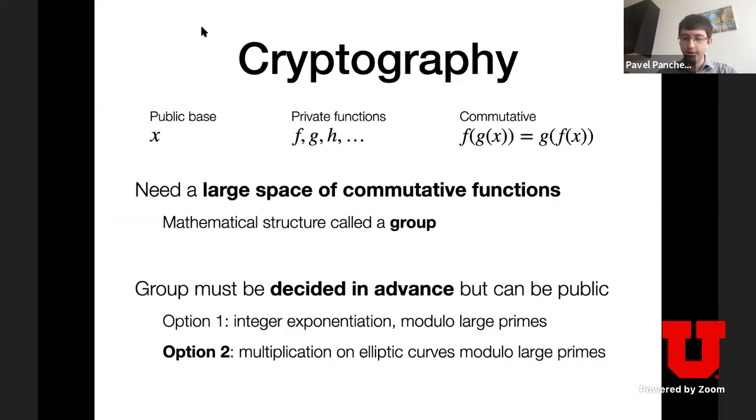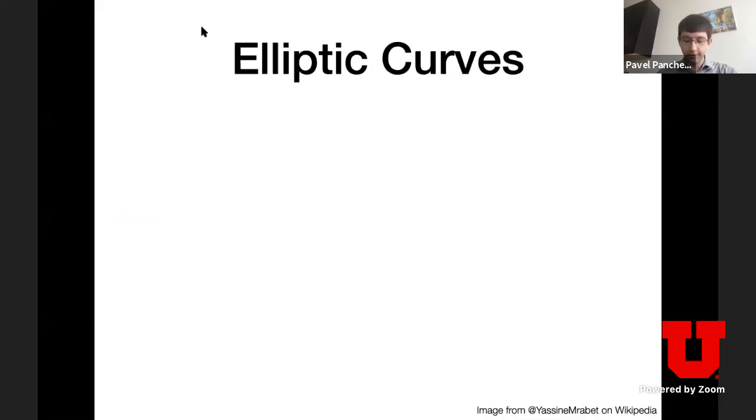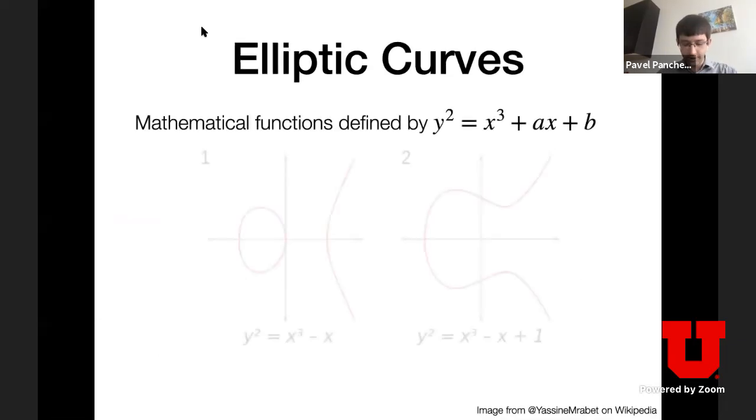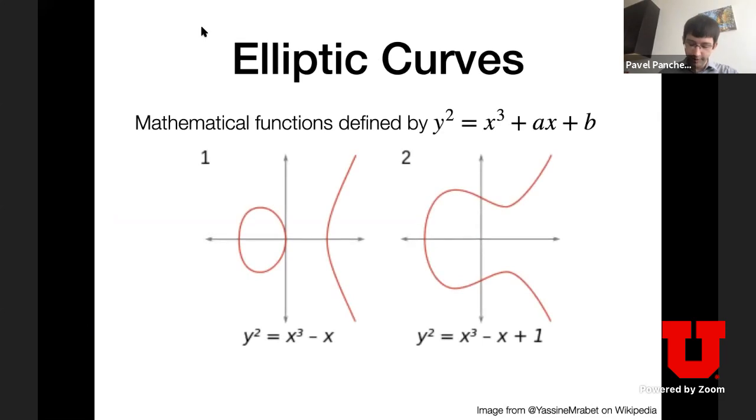Let me tell you a little bit about what exactly an elliptic curve is. An elliptic curve, hilariously enough, is this sort of weird mathematical function. It's defined as y squared equals, and then some cubic function. Usually you write it in this form so that it has two parameters, a and b, but generally speaking, just some polynomial of degree 3 in x.